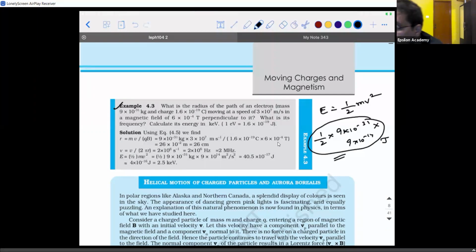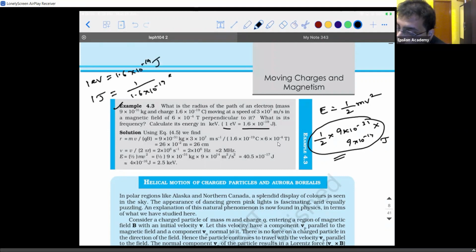Okay, but they have asked for kilo electron volt. 1 electron volt is 1.6 into 10 power minus 19 joule. So 1 joule will be equal to 1 divided by 1.6 into 10 power minus 19 electron volt. So whatever answer you get, divide it by 1.6 into 10 power minus 19, and you will get the answer in terms of electron volt, and divide it by 10 power 3, you will get it in kilo electron volt.